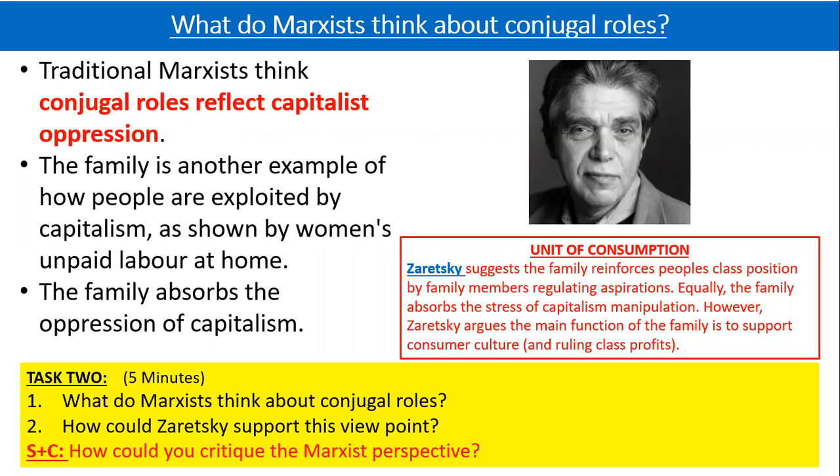So whether that be in terms of abuse or unpaid labour of women at home, all benefit the capitalist system. And Zaretsky, it's not a linked point, but just to say you have something there. So Zaretsky's unit of consumption, just this idea that the family is always about money and consumption.